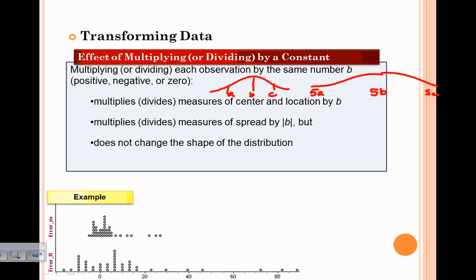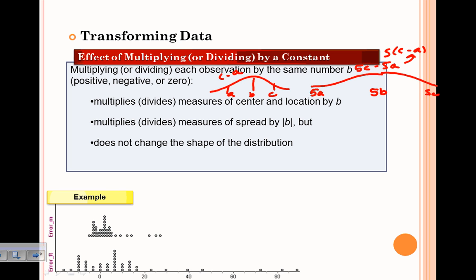So you've multiplied them, you've stretched them out. Now, this could have been C minus A for the spread. This would be 5C minus 5A. These are different values. So your center has changed by multiplying. Your spread has changed by multiplying by that same factor. You kind of think of it like that.